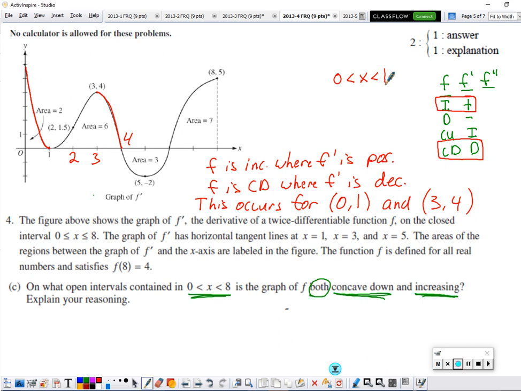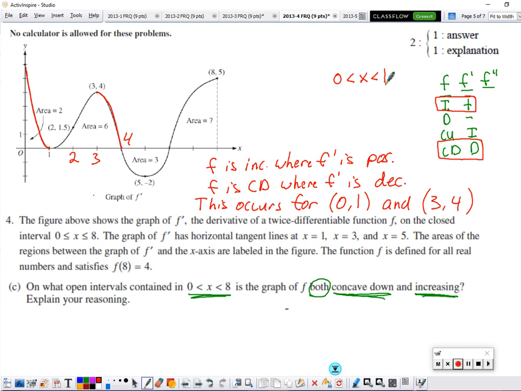Because it says it's a closed interval, I included 0 in that. I think they'll forgive you, but here's the rule. Listen. When it comes to concavity, the strict mathematical definition never includes the endpoints. They never include the end of the interval.